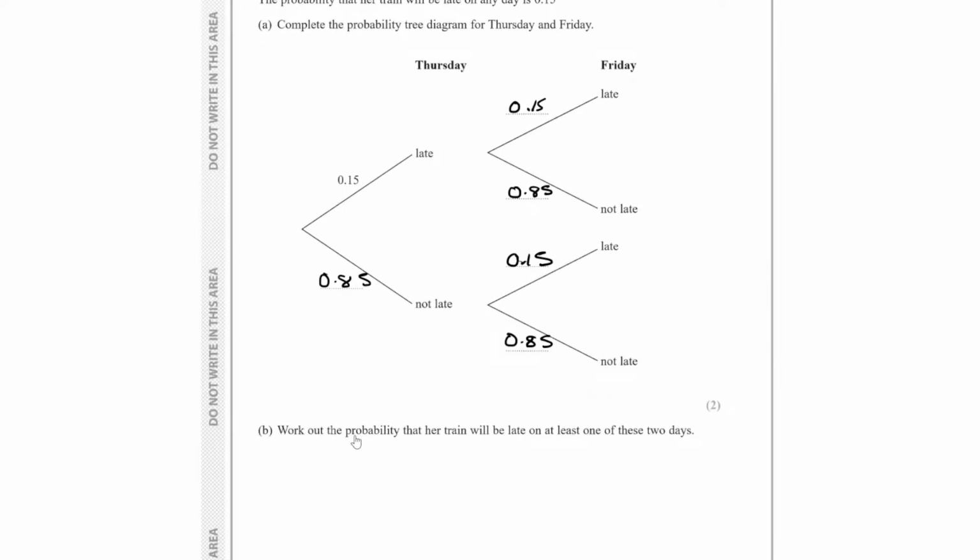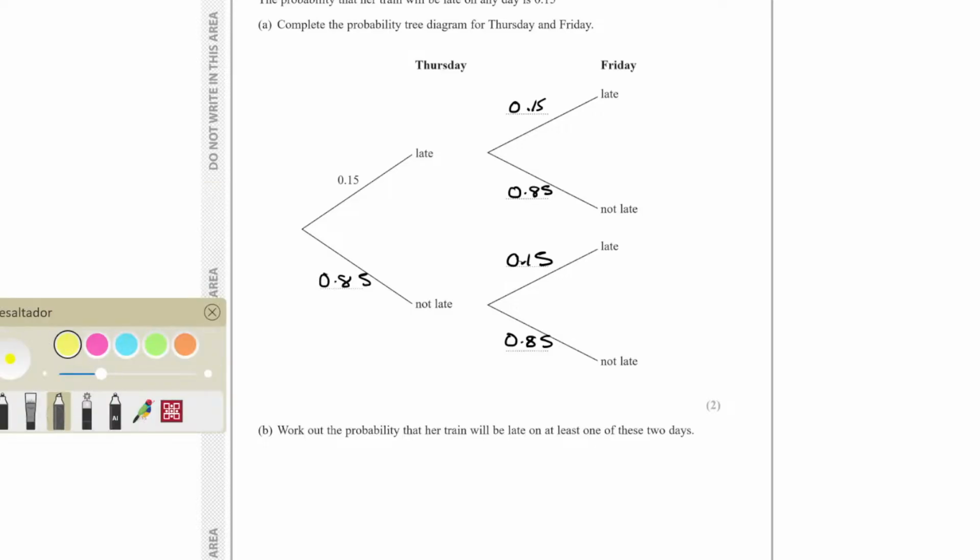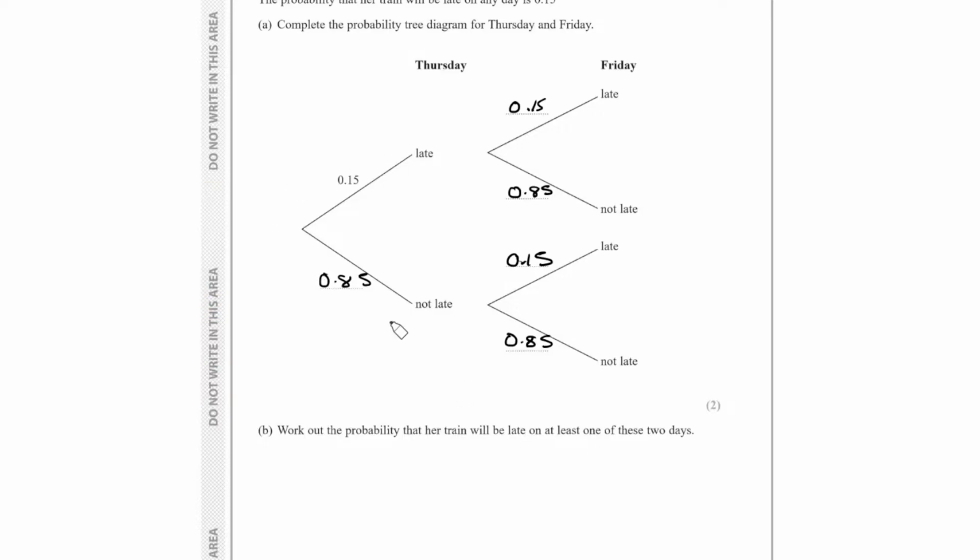Then you've got part B. Work out the probability that her train will be late on at least one of these 2 days. There are actually 2 ways to do it. You could highlight the options for at least one late day. So late, and then it could be late again, because it's at least one, so it could be both. Then it could be late and not late, or not late and late.